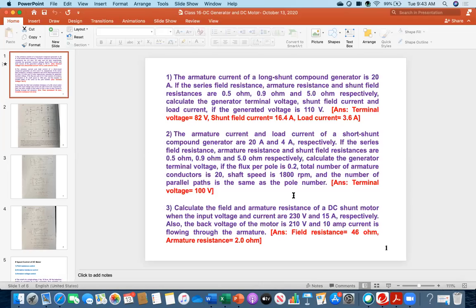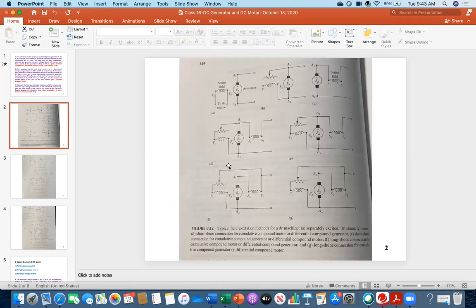So the first task for number 2 is to draw a short shunt compound generator picture. Draw a short shunt compound generator picture. In case you might have forgotten, everybody see this slide.